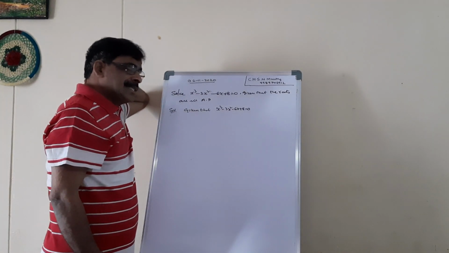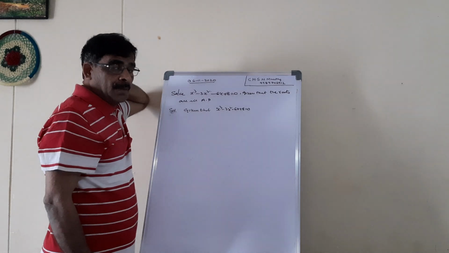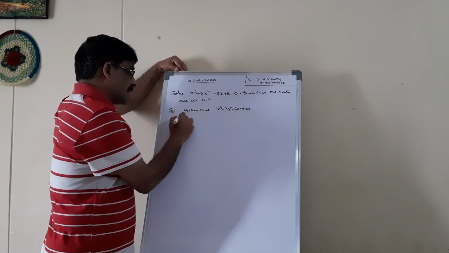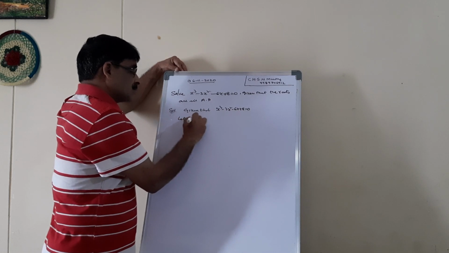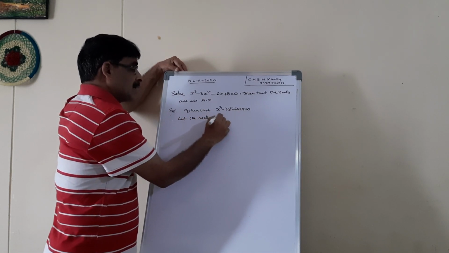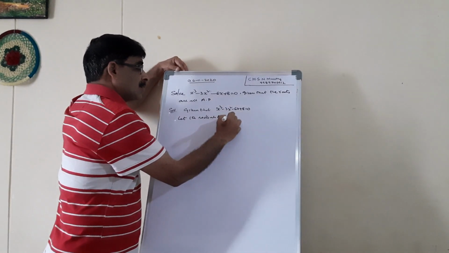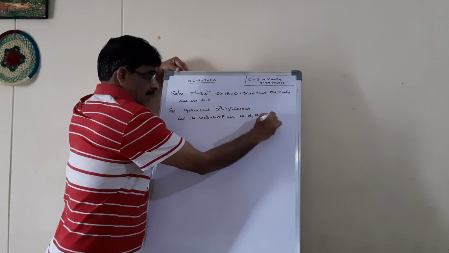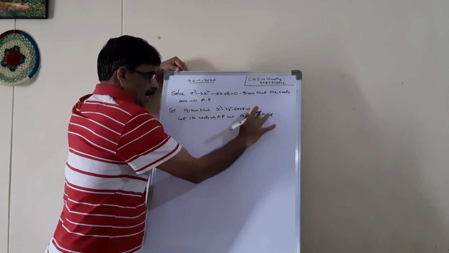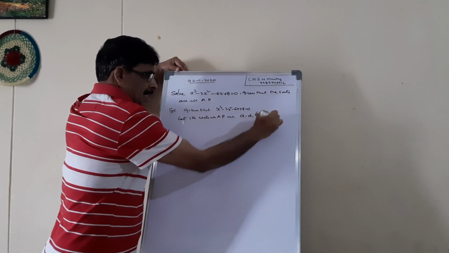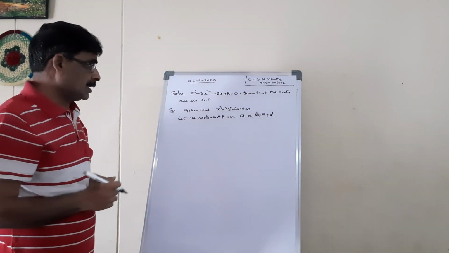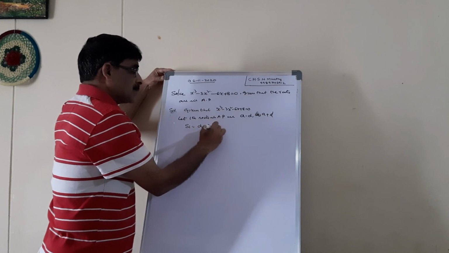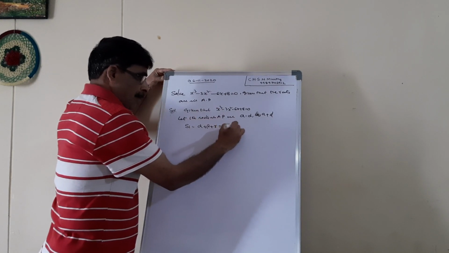Yesterday we practiced some problems on arithmetic progression. So let the roots in arithmetic progression be a minus d, a, a plus d. Also, you know, the sum of the roots s1 equal to alpha plus beta plus gamma equal to minus p1.